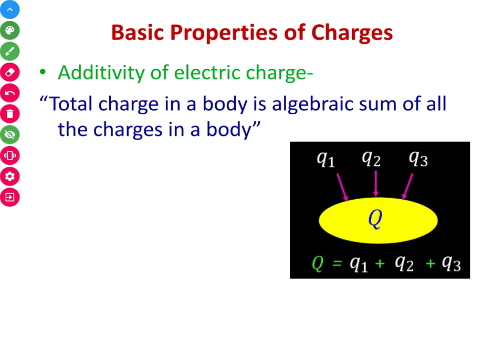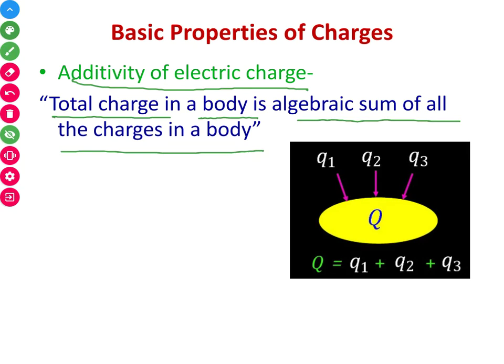Now this is again a very important property, additivity. Additivity of electric charge means the total charge in a body is the algebraic sum of all the charges in the body. For example, suppose this is a body, represented here with a yellow sphere, and it has three different charges, Q1, Q2 and Q3.